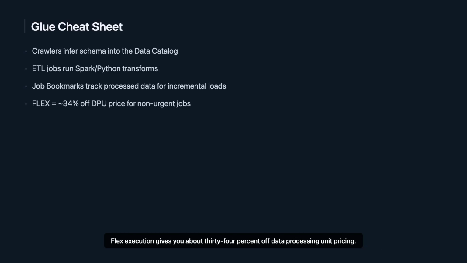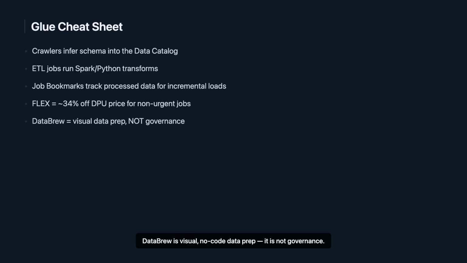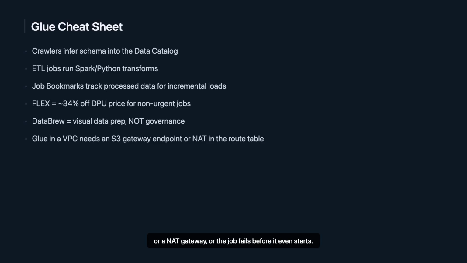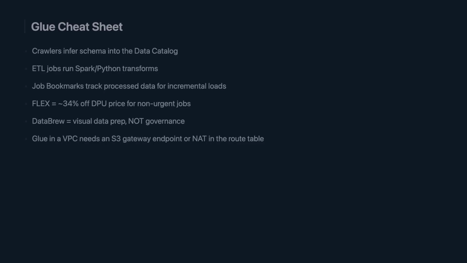Flex execution gives you about 34% off data processing unit pricing, or DPU pricing, for non-urgent jobs in exchange for variable start times. DataBrew is visual, no-code data prep. It is not governance. And if your Glue job runs in a VPC, the subnet's route table needs either an S3 gateway endpoint or a NAT gateway, or the job fails before it even starts.